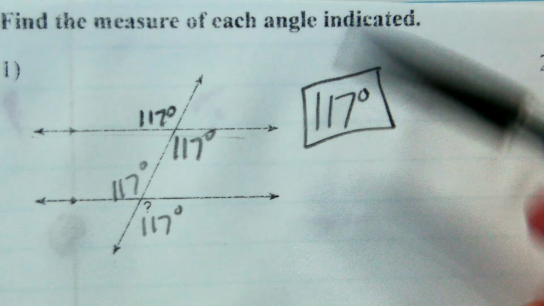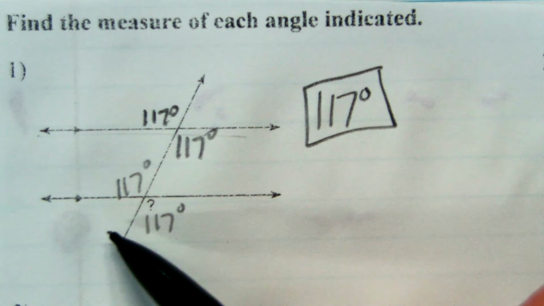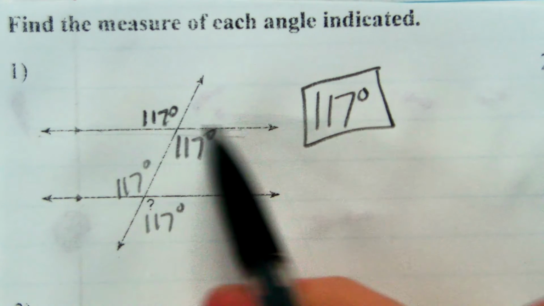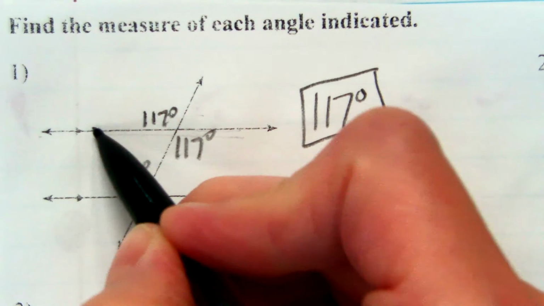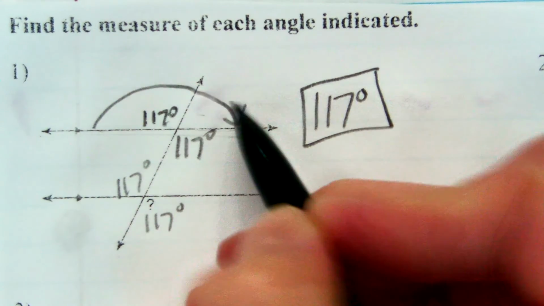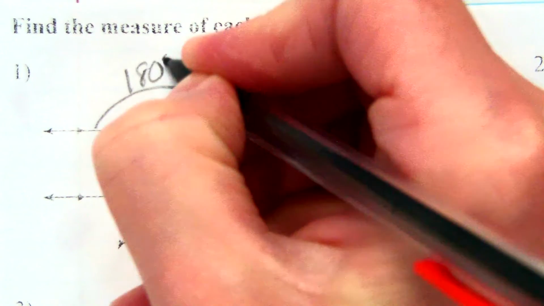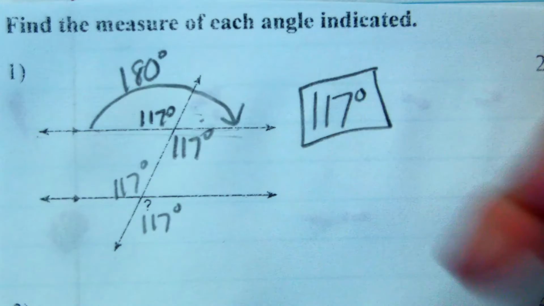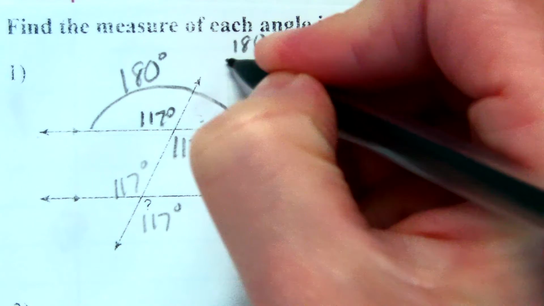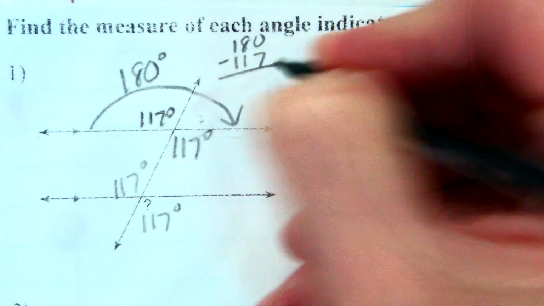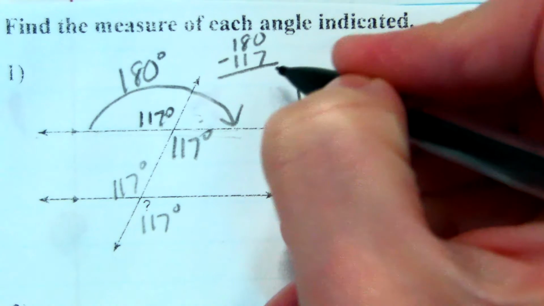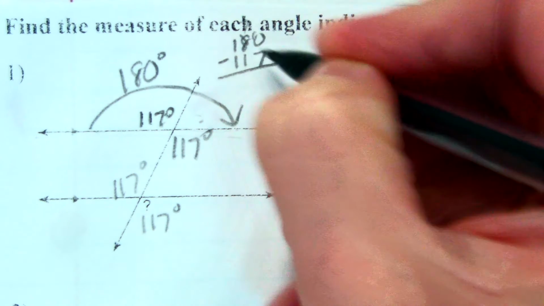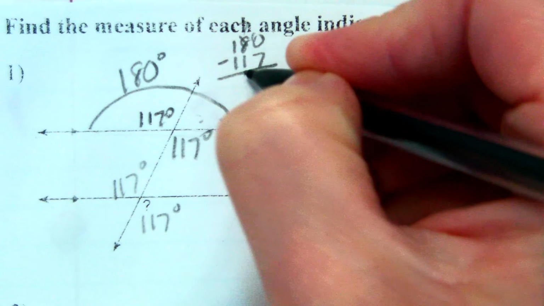But I also want to talk about, well, what are all of the other angles? So remember that if I have a straight line, that's a straight angle with both of these added together, that all of this would be 180. So this angle over here would be whatever I get if I take 180 minus 117, which comes out, let's borrow, 63 degrees.